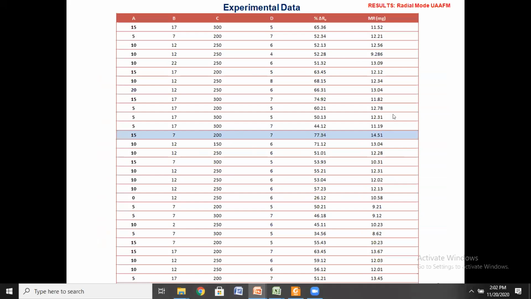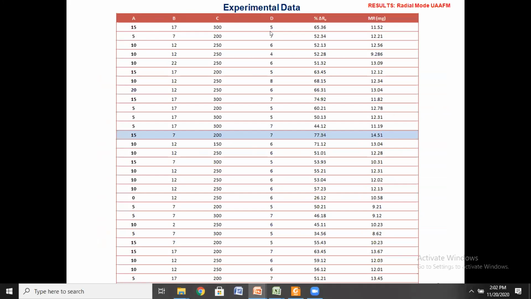Next, I have shown you the CCD model of 31 experiments in my thesis chapter. This table shows the results of these 31 experiment trial runs. Here A, B, C, D are my parameters. A is applied frequency, B is extrusion pressure, C is my abrasive size, and D is my processing time.